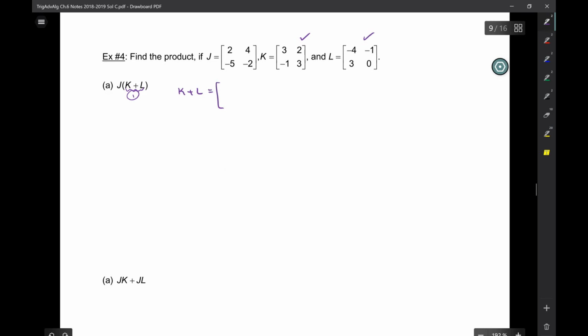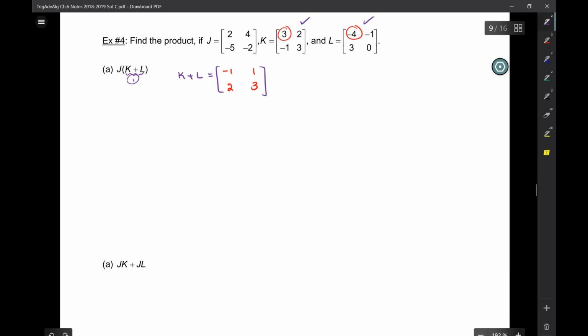It's a 2 by 2 and a 2 by 2. They have to have identical dimensions. You just add corresponding numbers. So 3 plus negative 4 is negative 1, and then 1, and then 2, and 3. Now it's J times that.